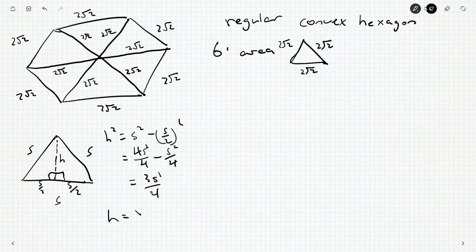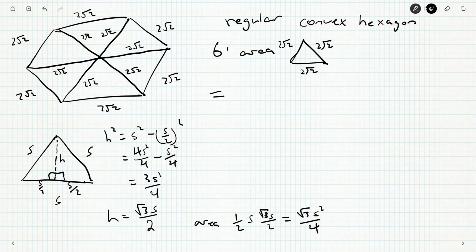So h is going to be root 3 s over 2. And so the area is going to be 1/2 base times height. Well, the base is s, the height is root 3 s over 2, so we get root 3 s squared over 4. You can check that out, and this is a formula that works for any equilateral triangle. Maybe you already knew this, but if you didn't, there you go.